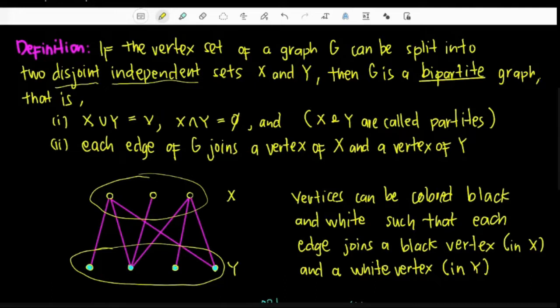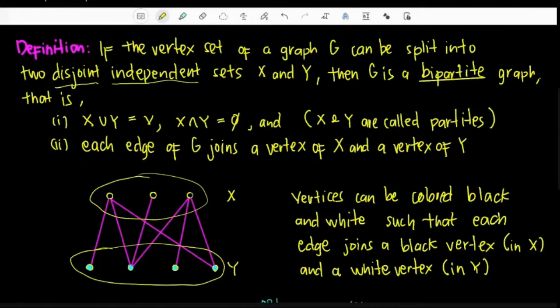So any bipartite graph can be drawn in such a way that one set of the vertices is colored black and the other set is colored white, such that every edge has one endpoint colored black and one endpoint colored white.